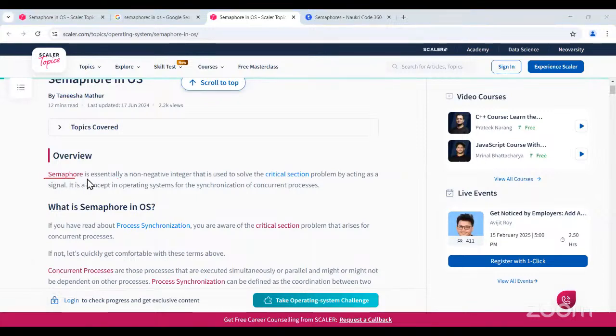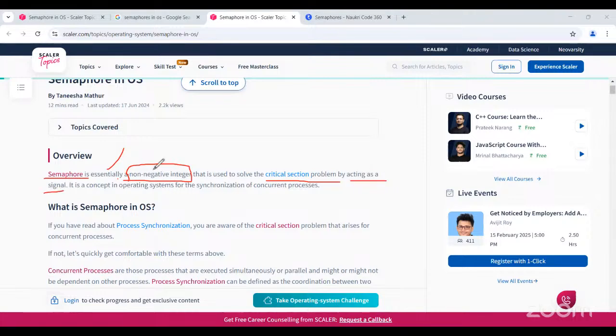Now, a semaphore is essentially a non-negative integer that is used to solve critical section problems by acting as a signal.